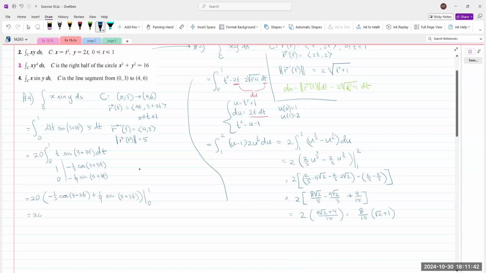So when t is 1, there will be negative 1/3 cosine 4 plus 19 sine 4, minus, when t equals 0, I get negative 1/3 cosine 3 plus 19 sine 3.